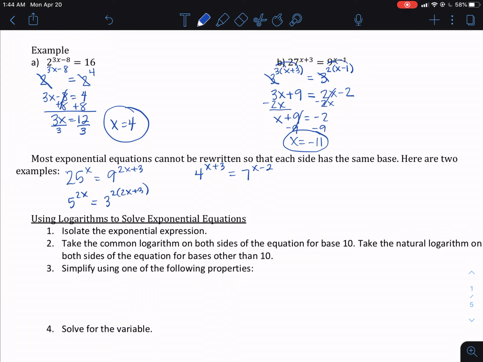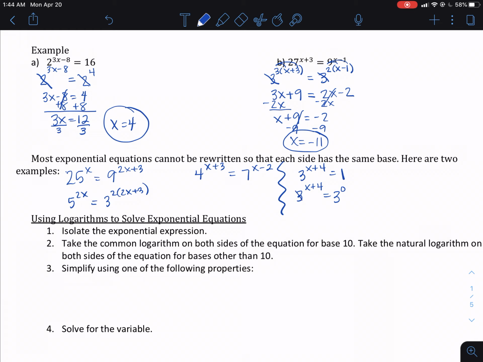One thing you do have to be careful about is what if we had 3 to the x plus 4 power equals 1? Well, how can we rewrite 1 so it has a base of 3? This can be rewritten 3 to the x plus 4 equals 3 to the 0 power, because anything to the 0 power is 1.